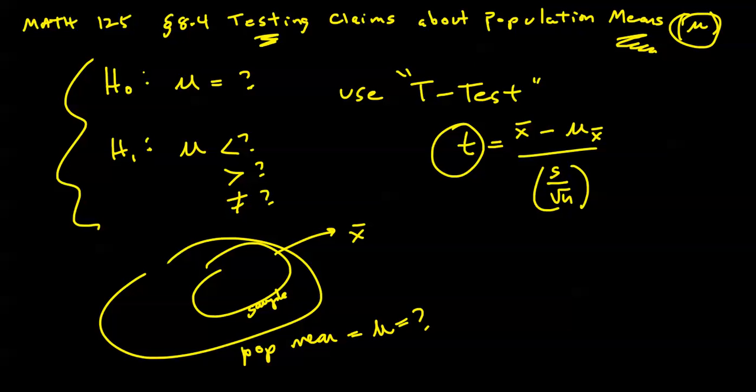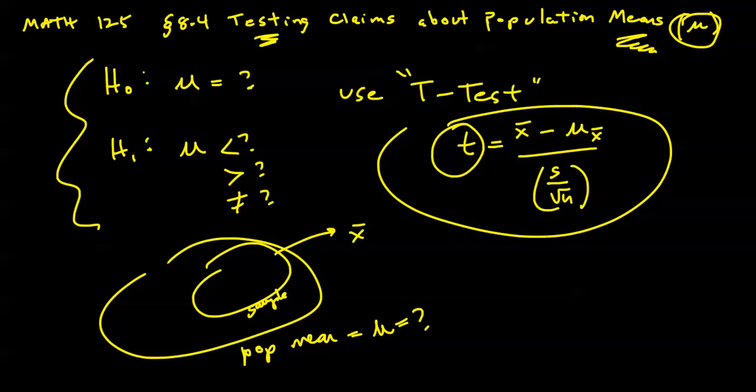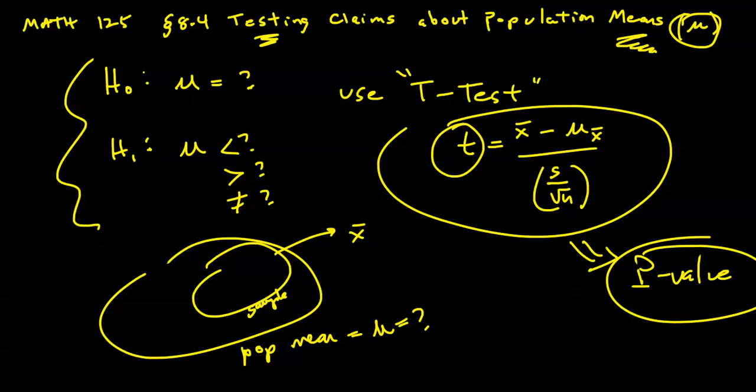And to make that judgment, we let our t-score generate a p-value, as we did in section 8.3. So the p-value is going to really tell it all here when compared to our significance level. So just remember, in section 8.4, since we are basing our p-value on a t-score, we will use the t-test command.